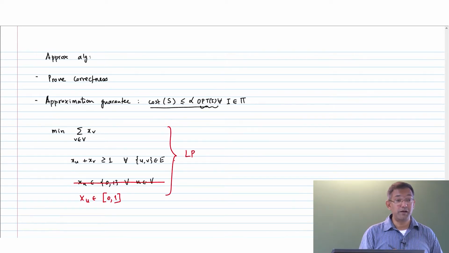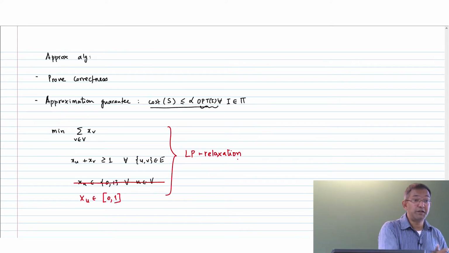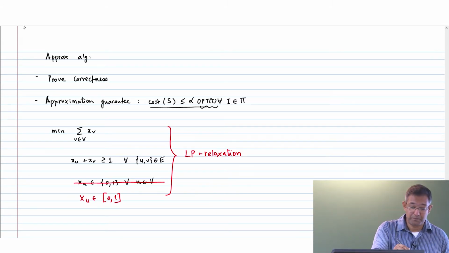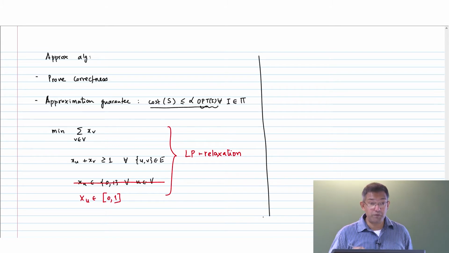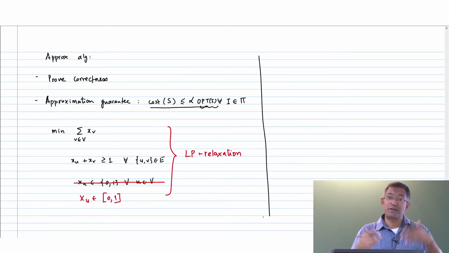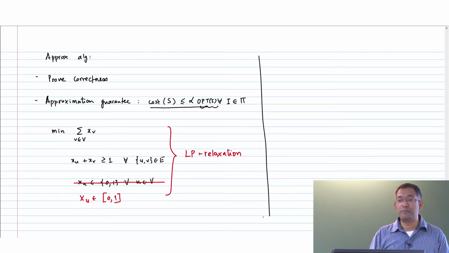So, now we have obtained a linear program which is called an LP relaxation of the integer program, right. So, all we have done is drop the constraint that the variables should take integer values and just said, well, let it take fractional values.